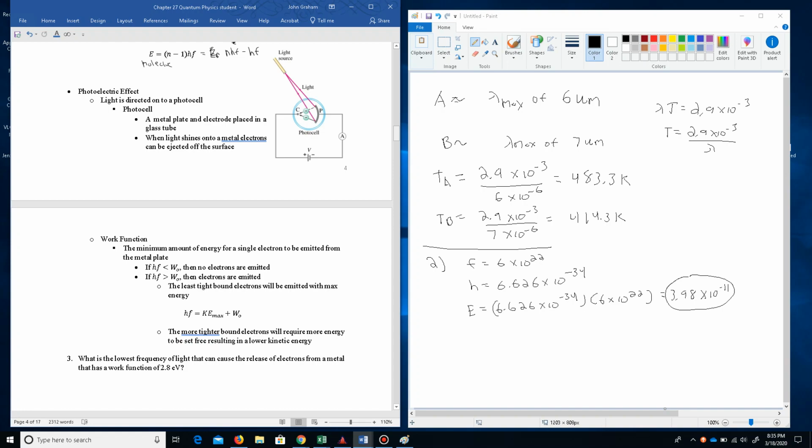So basically, if this light source that's coming out has E equals h times some frequency of that light, and this E is not high enough for the work function of this metal, it won't emit an electron. And if this E does reach that amount and is greater than that work function, then the electrons will be emitted and move through this circuit.